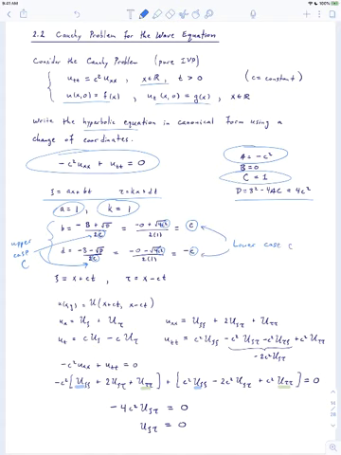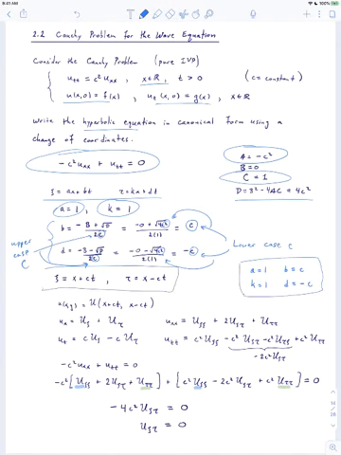These are all lowercase c's. So anyway, that gives us our formula. We end up with a equals 1, b equals lowercase c, k is equal to 1, and d is equal to minus lowercase c. So that gives us this change of coordinates right there.